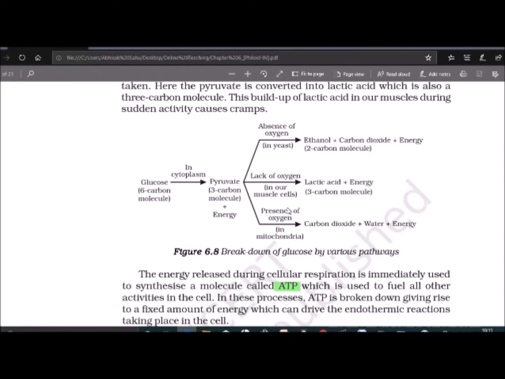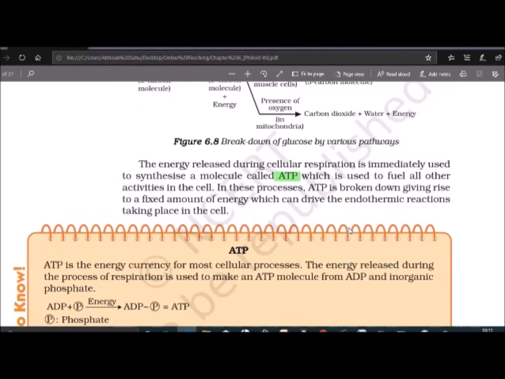The energy released after the breaking of the organic molecule cannot be used directly but is trapped and stored in ATP, that is adenosine triphosphate, which stores energy in its phosphate bonds. These energy-rich phosphate bonds are broken down whenever and wherever energy needs to be utilized.